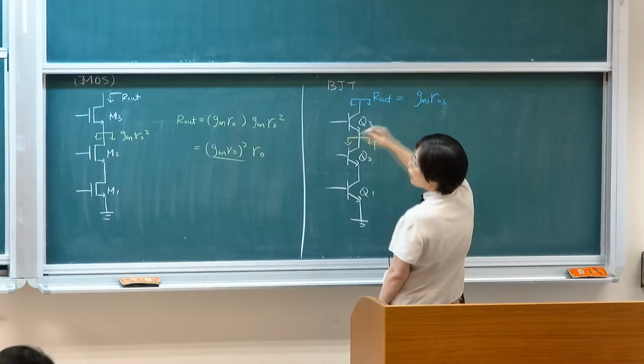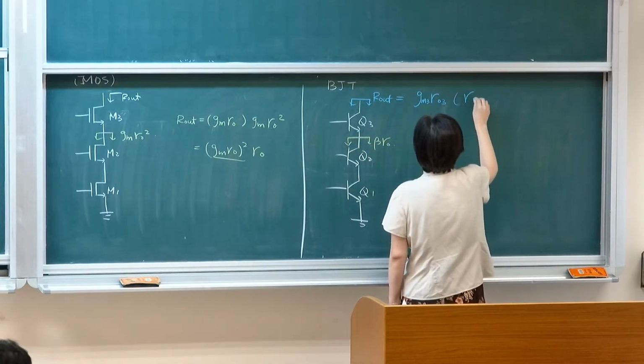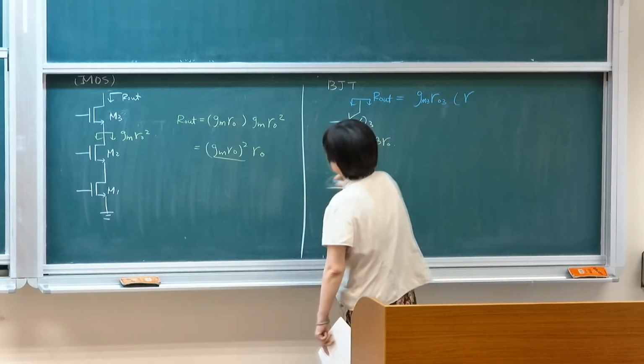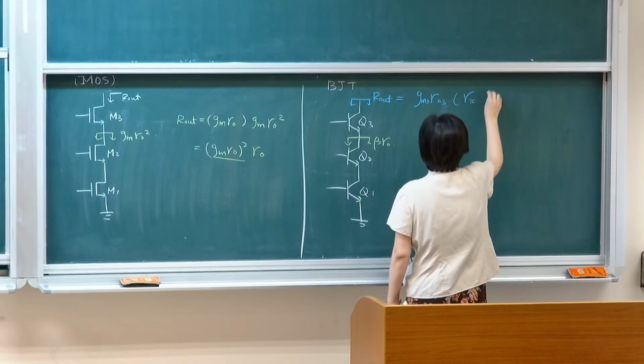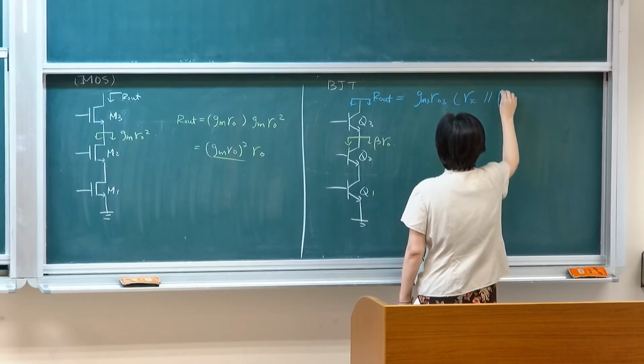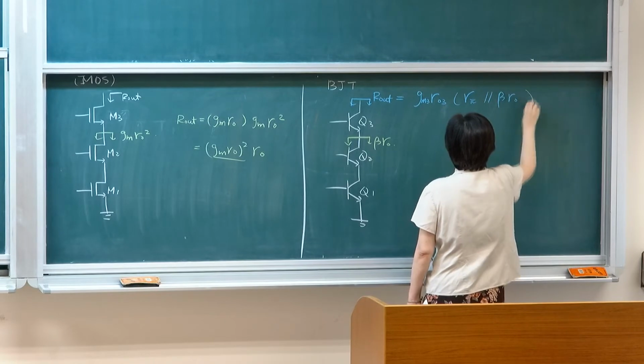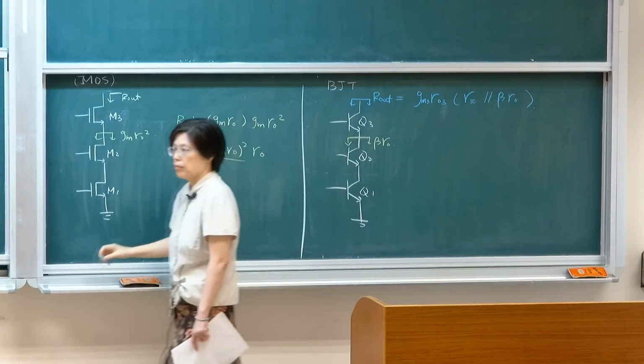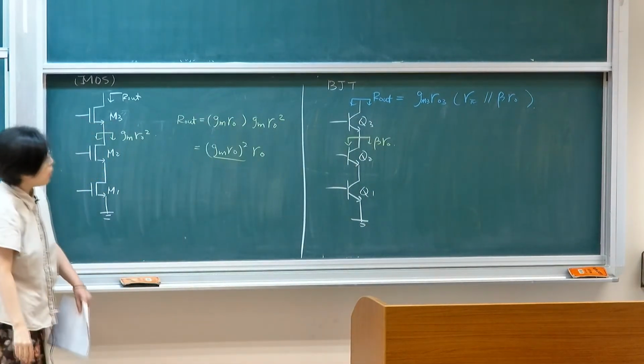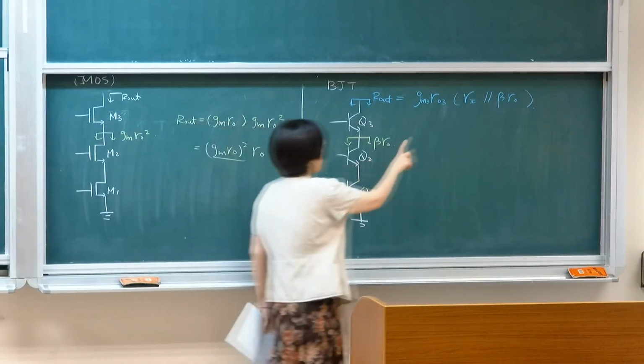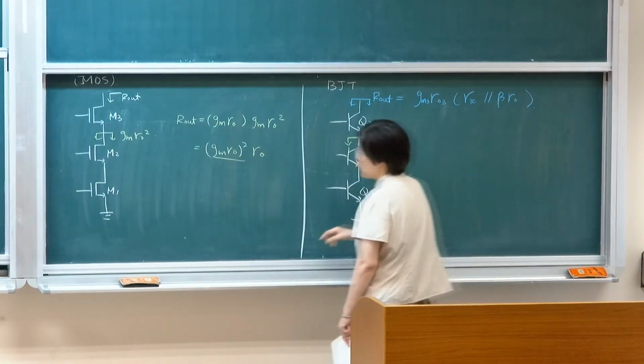And then following that, it will be RO, R pi, in parallel, beta RO. Okay? So we know that if you compare R pi and beta RO, which one will dominate?